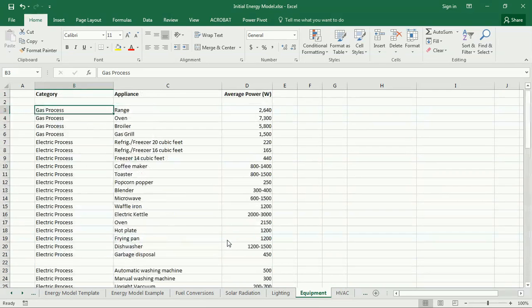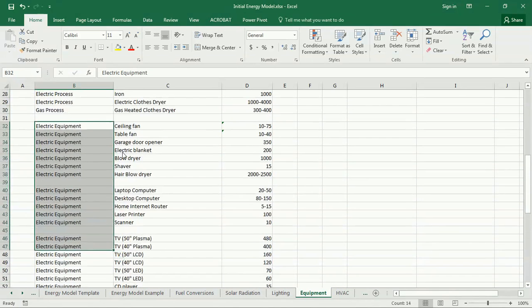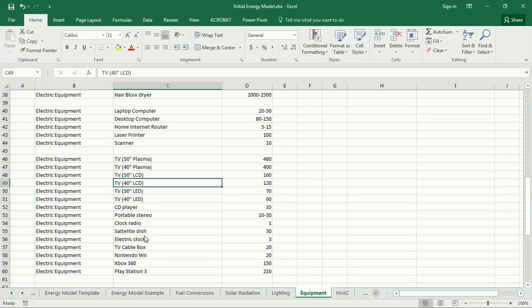And I should point out here in this list that there's a few different categories. There's gas versus electric, and there's process versus equipment. And you'll see here, for instance, electric equipment includes all these different things like ceiling fans or electric blankets or shavers or hair dryers or computers, TVs.